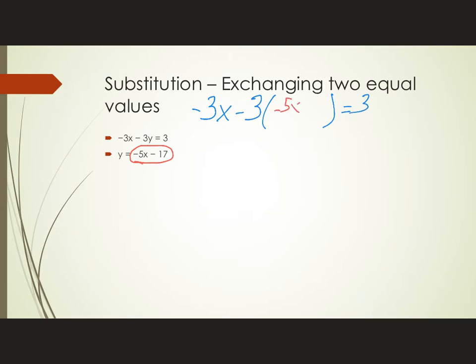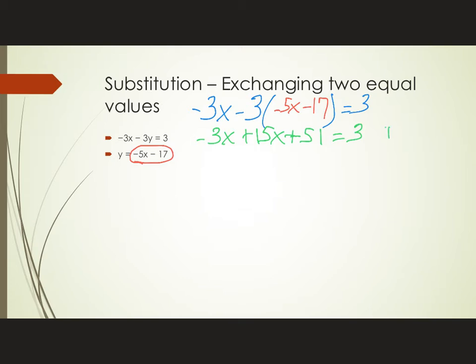Negative 5x minus 17. I'm going to be using my distributive property. Negative 3x plus 15x plus 3 times 17 is 51 equals 3.